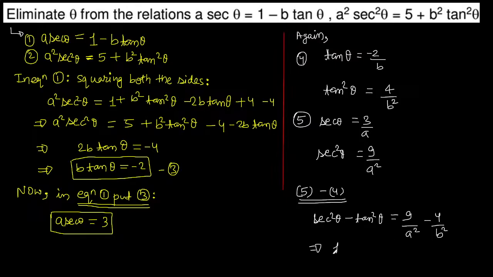This is 1 equal to 9 by a square minus 4 by b square. Okay, so we could eliminate the theta.